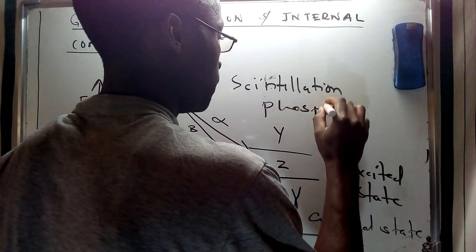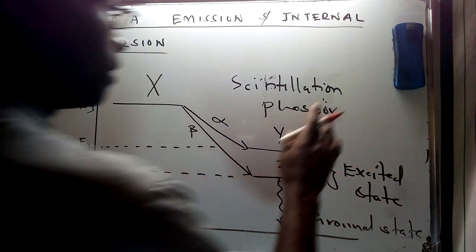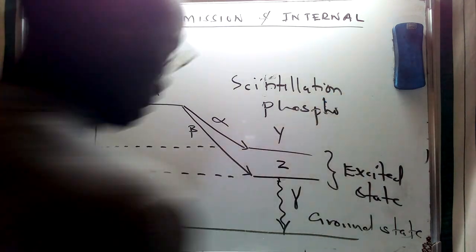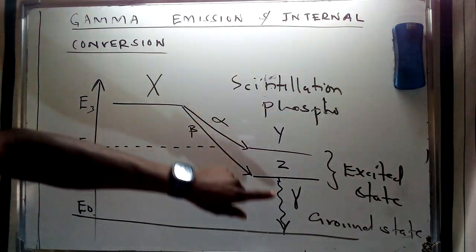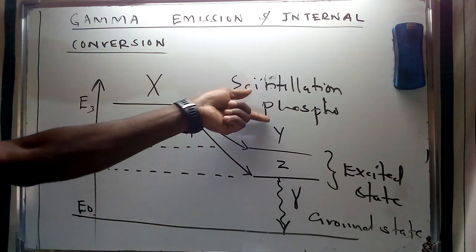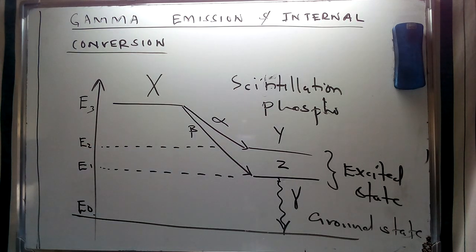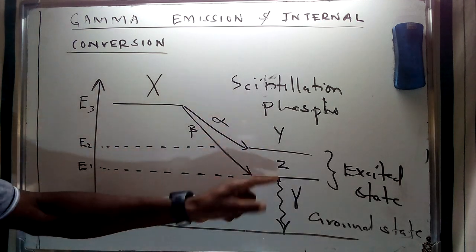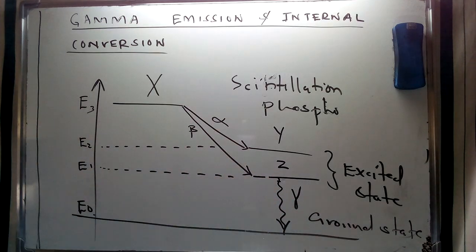So phosphor, that's correctly spelled. Scintillations are basically a flash of light produced by this specific substance, and therefore they are involved in the process of fluorescence. This is going to help us determine the release of this particular kind of energy in the form of gamma radiation.